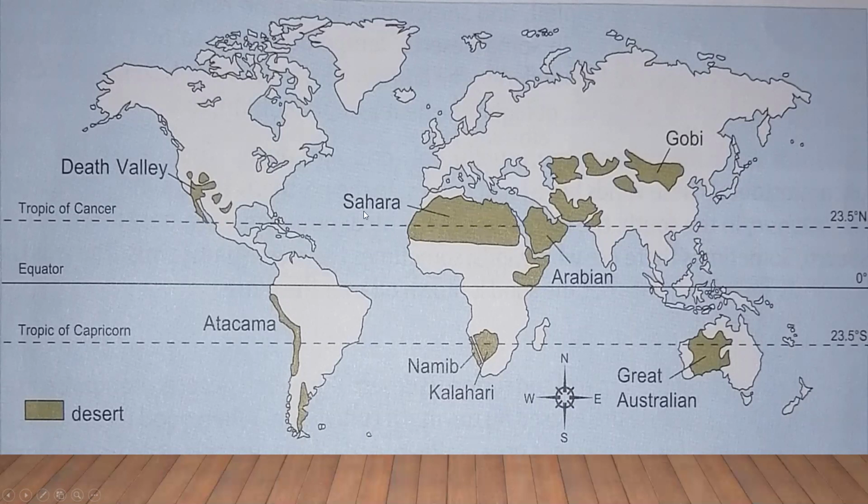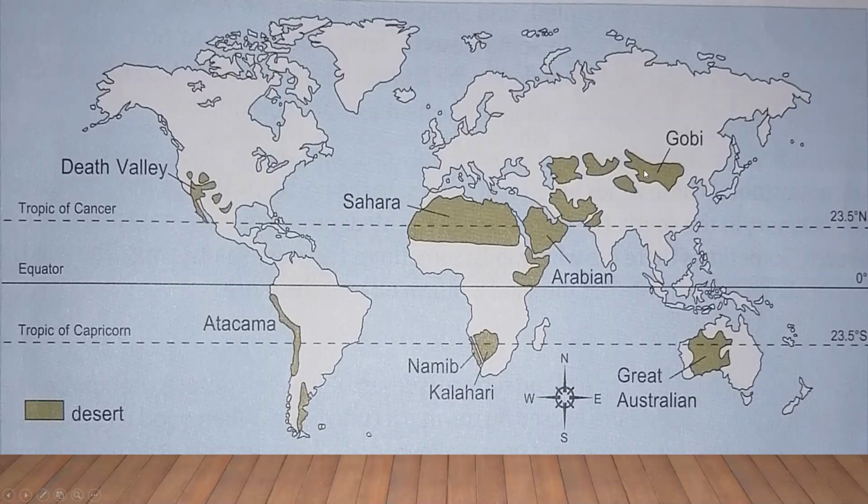Like you can see in this map, there is the Sahara Desert, Gobi Desert, Arabian Desert, Great Australian Desert, Namib and Kalahari Deserts, Atacama Desert, and Death Valley as well. We will discuss in detail in which area of the world these deserts are located.